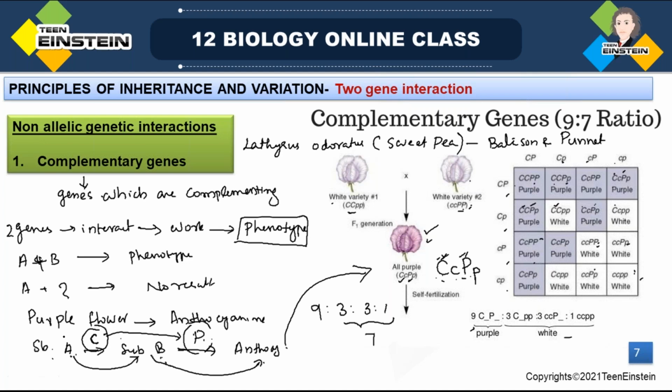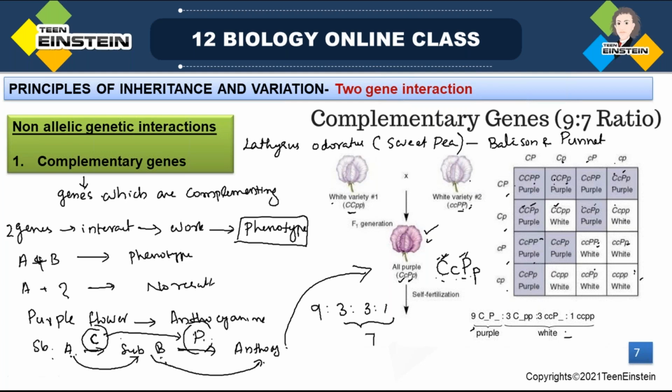So here in the Punnett square, white color genotypes you can see 1, 2, 3, 4, 5, 6, 7. 7 are in white color because dominant alleles of C and P are not both present. So that is forming white color. When C gene and P gene both have at least one dominant allele present, it is forming purple color. So that is the interaction between those two genes.